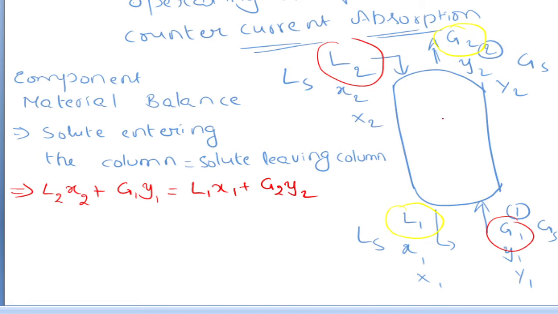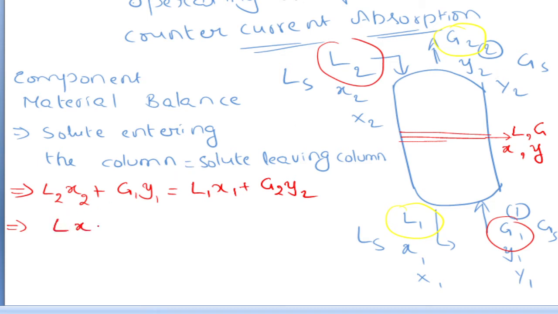Suppose I assume any arbitrary position here, and there I assume that the flow rates are L and G and the mole fractions are X and Y. Then I can write the similar equation, and I can remove that subscript 2.